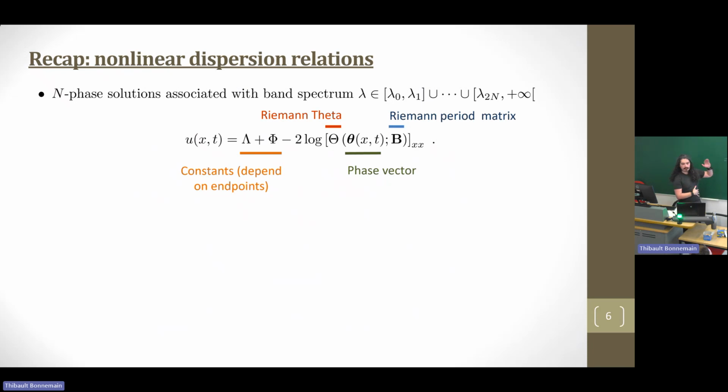This approach is more rigorous, and it doesn't use any heuristic analogy between solitons and particles, but it also doesn't really lend itself to statistical mechanics interpretation. That's why I said earlier that both were a bit complementary. So here I'll briefly recall the ingredients to characterize a soliton gas through this formalism. I won't go into the details like I did last time, but it's just to fix the notations.